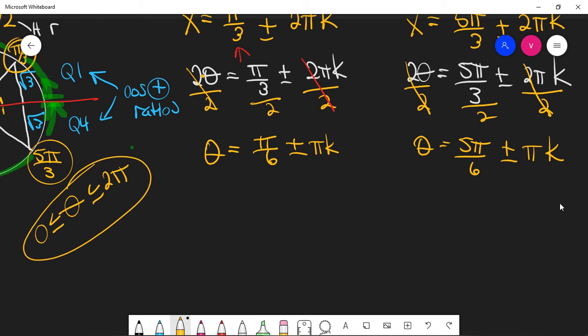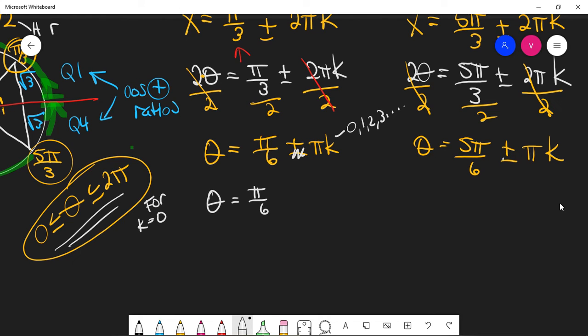So we're going to have to do this little thing where we start. Remember, k is an integer, 0, 1, 2, 3, etc. So we're actually going to play that game. We're going to test each case, starting with k equals 0. Then you have theta is equal to pi over 6, and since it's positive rotations, we can get rid of that minus sign there too.